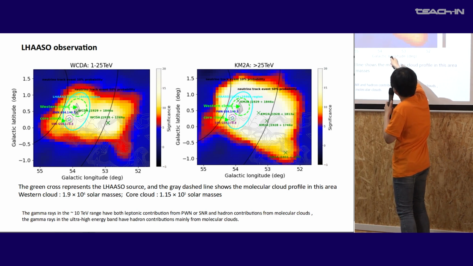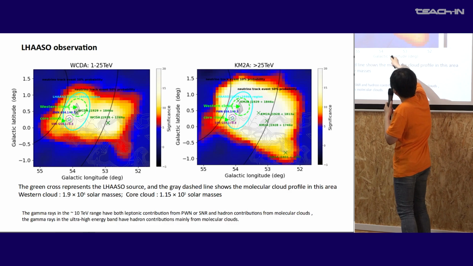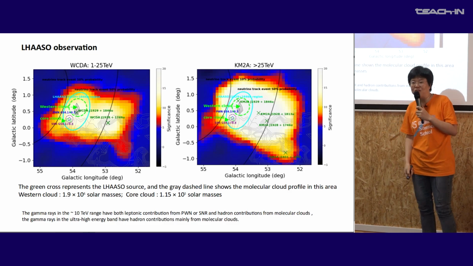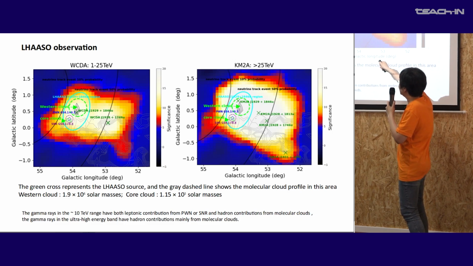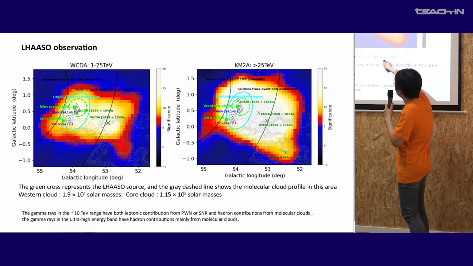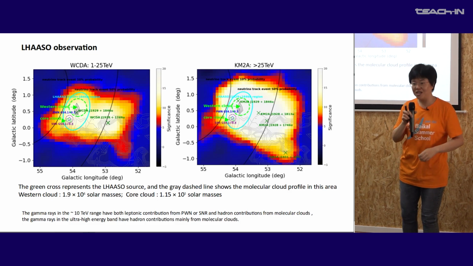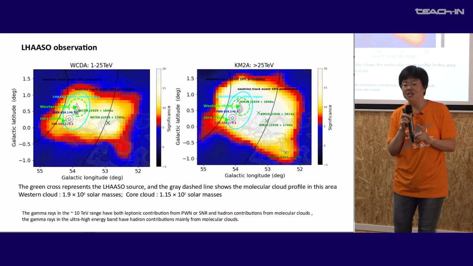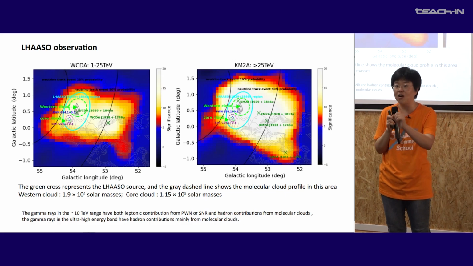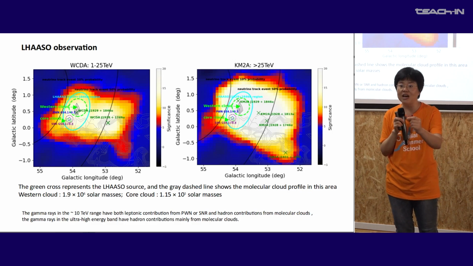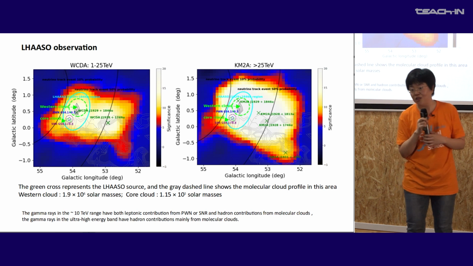The inner circle is the pulsar wind nebula, and these purple lines mark the supernova remnant. And we find the cloud here. That's our target proton, right? As I told you, if the neutrino indeed comes from this kind of source, there should be cold particles, or at least target photons. Otherwise, there is no chance to produce neutrinos.